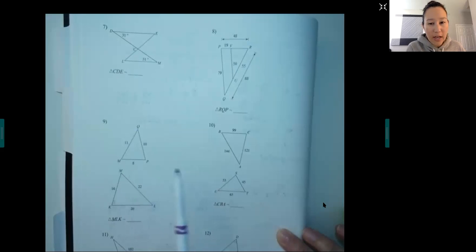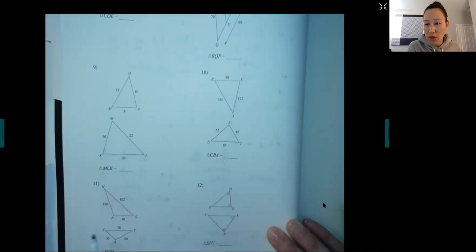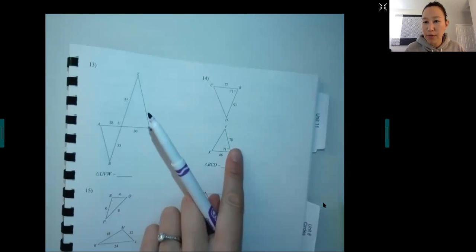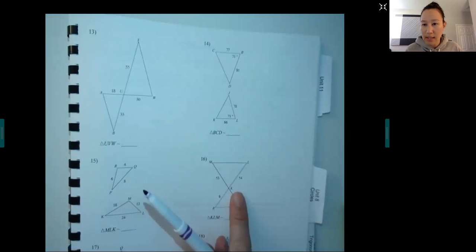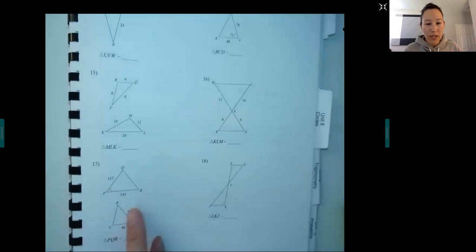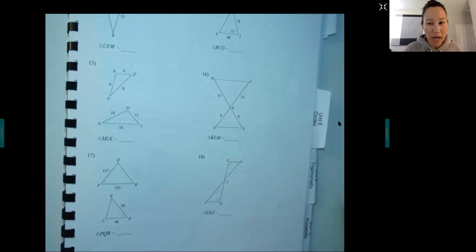And then Elijah, 9 and 10. Jade, 11 and 12. Rick, 13 and 14. Jaden, 15 and 16. And Jasmine, 17 and 18. You said 15 and 16, right? For you, Jaden? Yes.